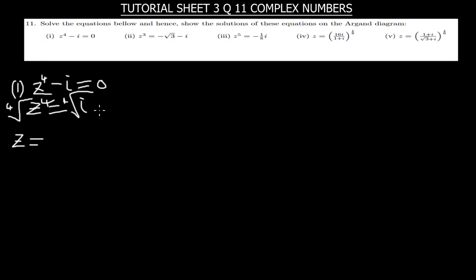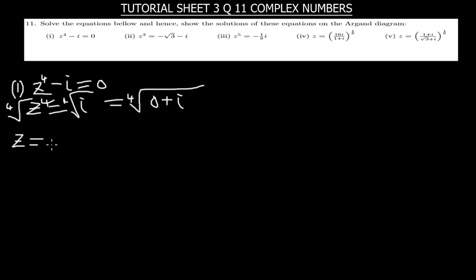The fourth root of this can also be written as the fourth root of 0 plus i. So this is just the same as that.